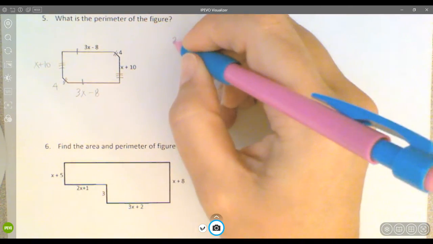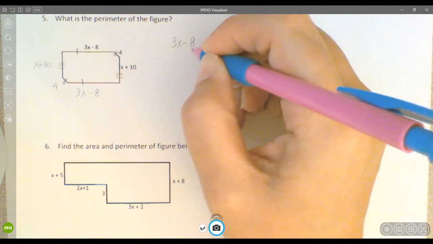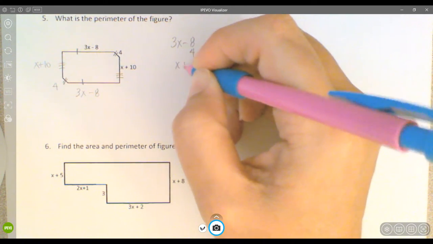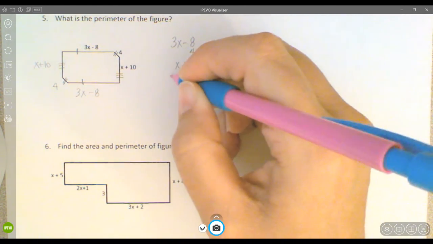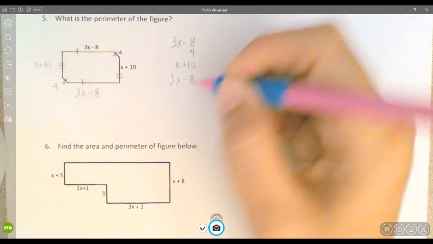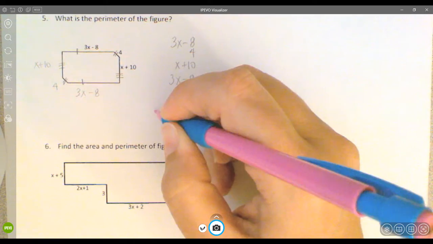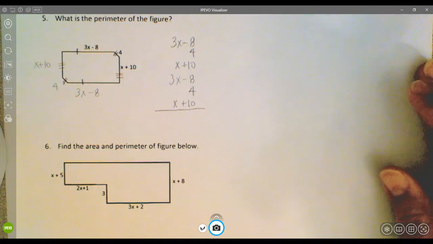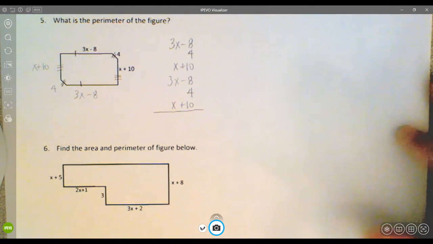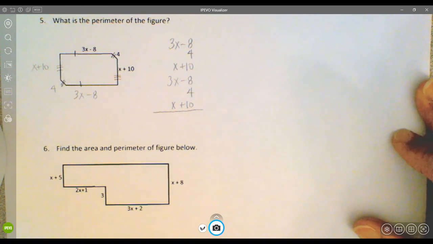So now we have 3x minus 8 plus 4 plus x plus 10 plus 3x minus 8 plus 4 plus x plus 10. And how did I know to add? Because I'm looking for the perimeter. So I want to find the total distance around.